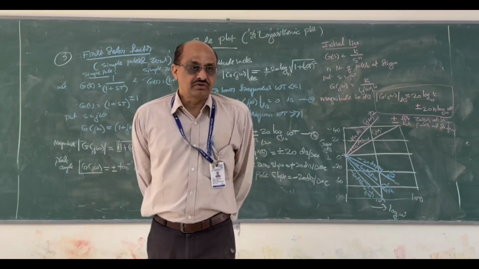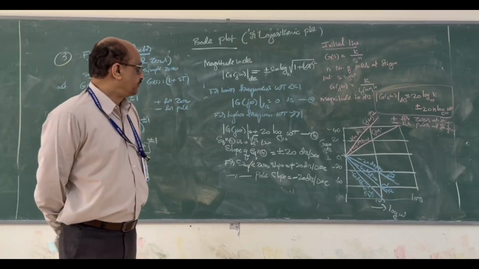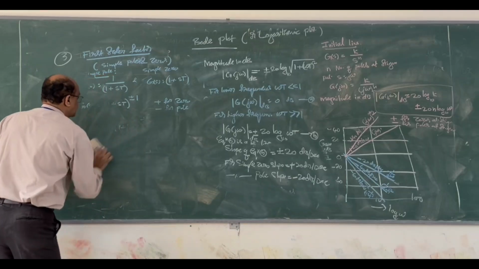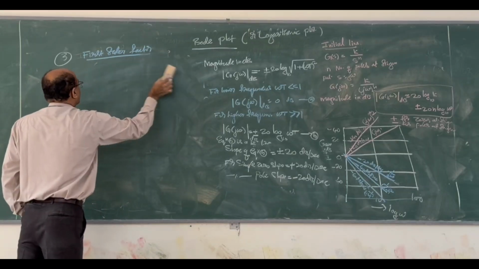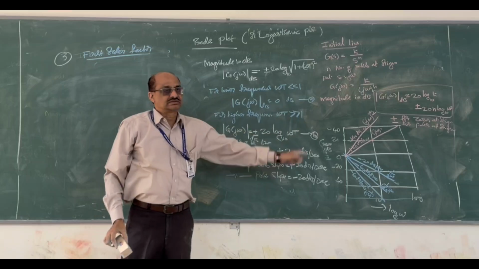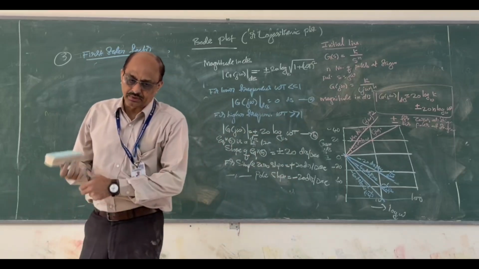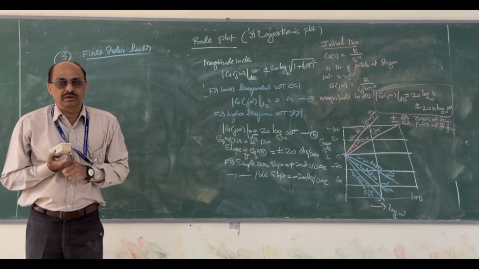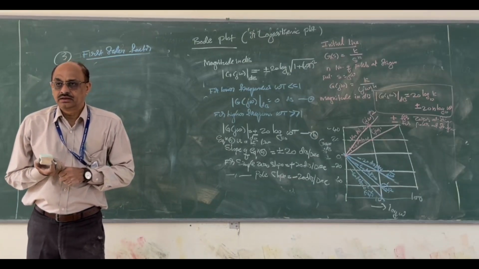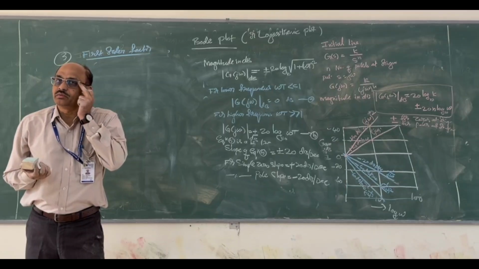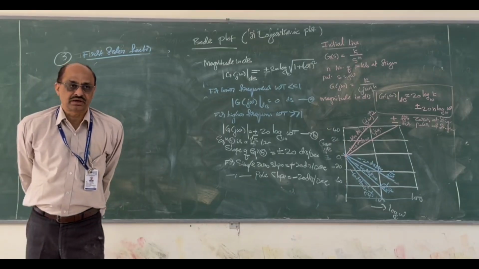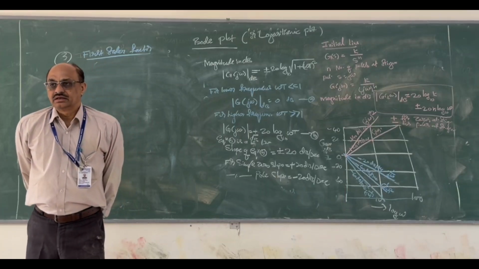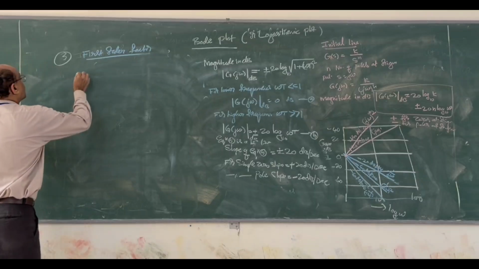The frequency at which the 0 dB per decade line and the plus or minus 20 dB per decade line meet is known as the corner frequency.